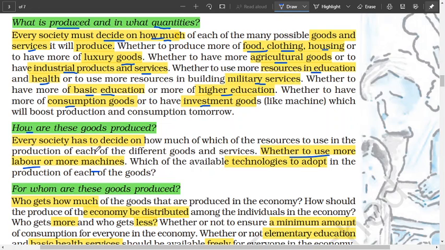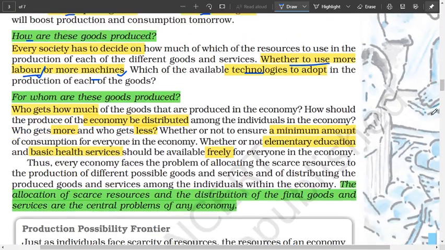The second question: how can we get that 1 ton of rice? Whether they'll use labor with a plow, with traditional methods, or they'll use machines like power tillers, tractors and threshers, modern methods. What technologies to adopt? That's problem number two. They have to decide. After they decide that, then they'll be able to produce.